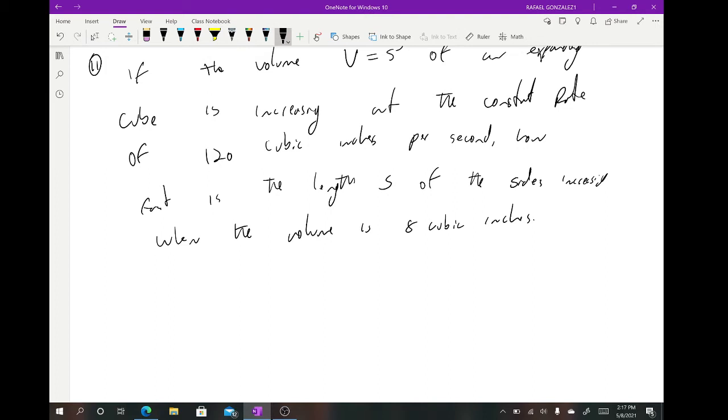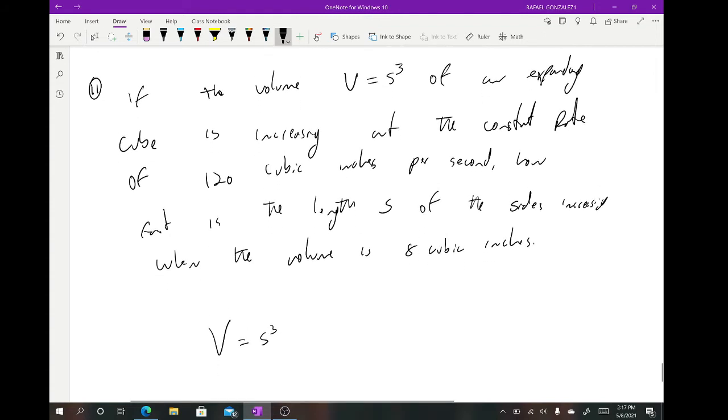So now we're given a formula for the volume of this expanding cube. That is, V is equal to s cubed. We are told that the cube is expanding and it is increasing, meaning the volume is increasing at a rate, so that means dV/dt, the rate of change of the volume with respect to time, is 120 cubic inches per second.